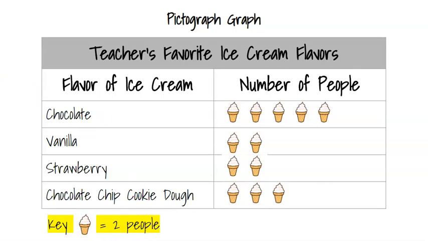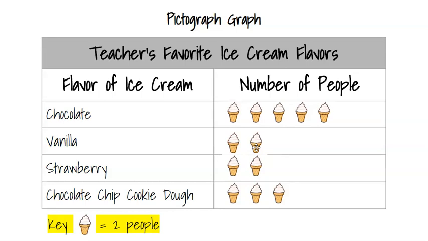So if that's the case, how many people liked chocolate ice cream as their favorite? Let's see. We have 2, 4, 6, 8, 10. 10 people liked chocolate ice cream as their favorite flavor. How many people liked vanilla? Let's count. 2, 4. So 4 people liked vanilla as their favorite flavor of ice cream.